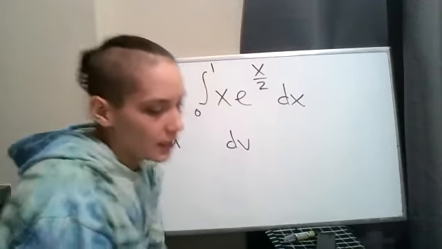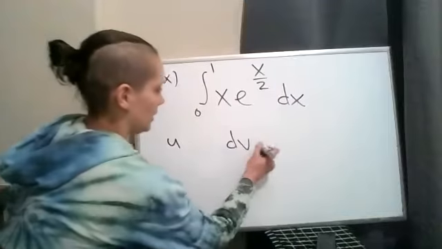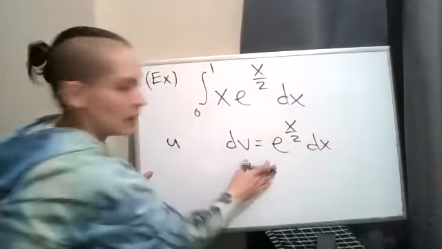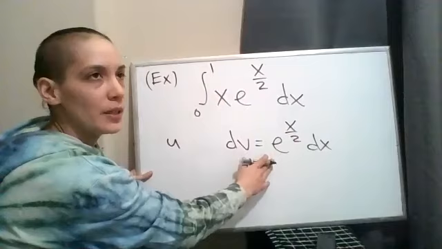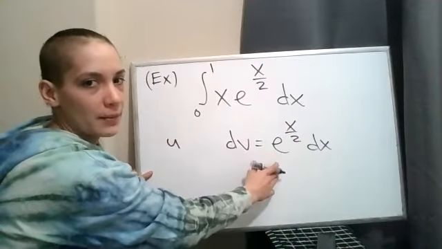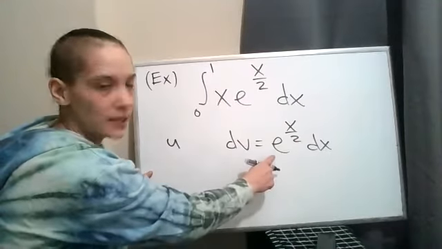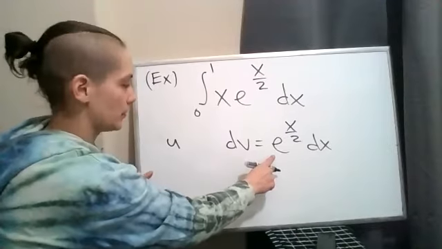And that's just going to be a u sub with u equal to x over 2, and what happens is you'll end up with a 2 multiplied by e to the x over 2.